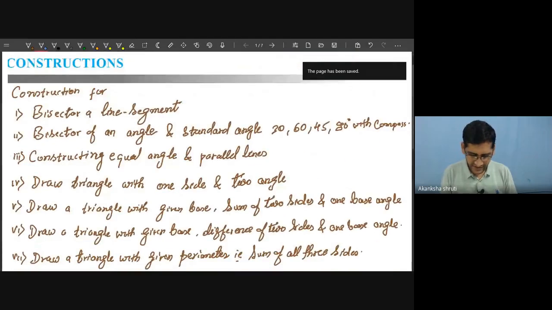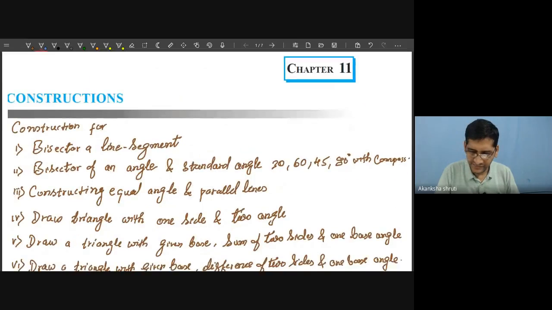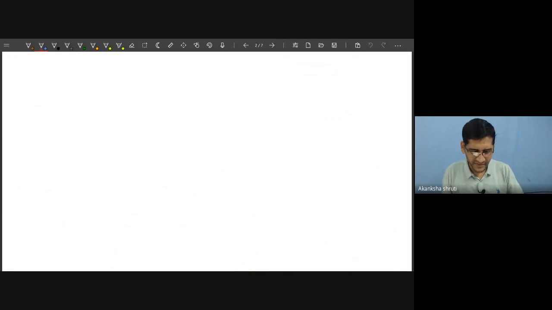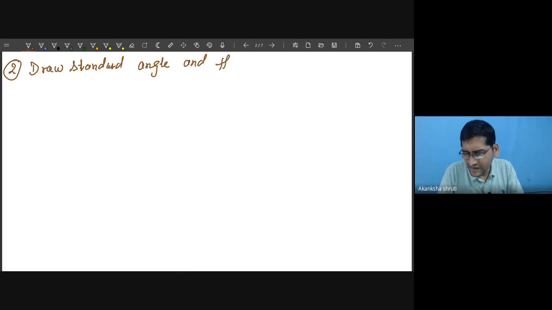The second is drawing the standard angle and their bisector. So construction 2: draw a standard angle and their bisector.